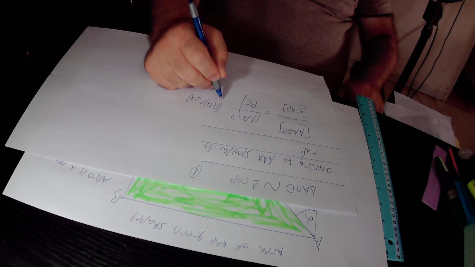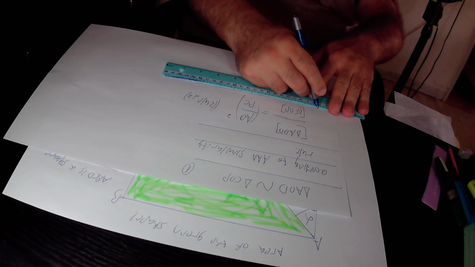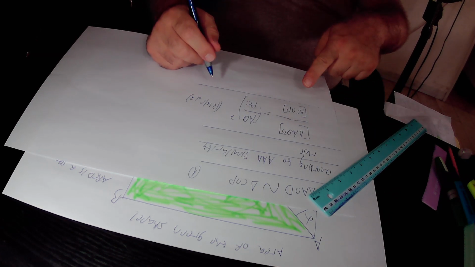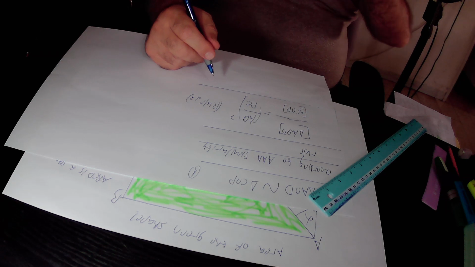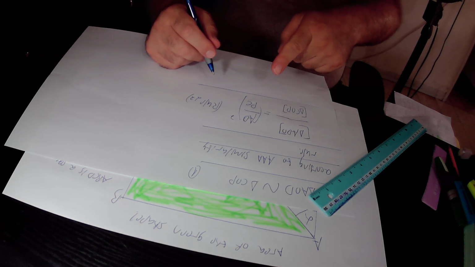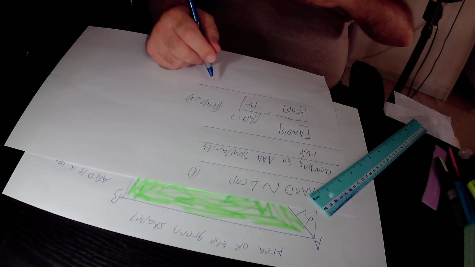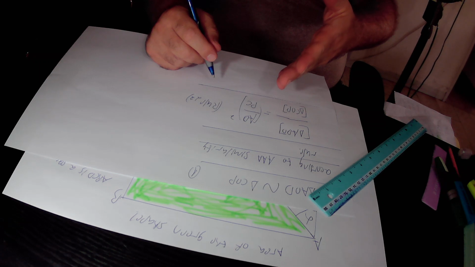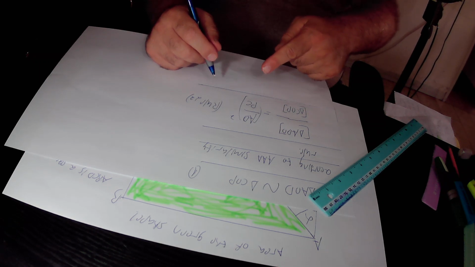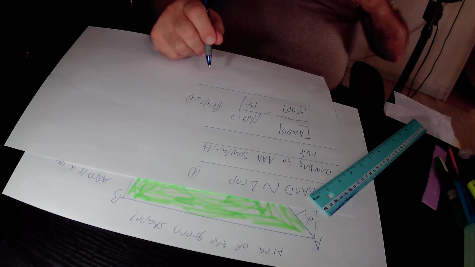Again, the ratio between the areas of the two similar triangles is the area of triangle ADO over the area of triangle COP, and it is equal to the square of the ratio of their corresponding sides. Side AD is the corresponding side of side PC, and the ratio between the sides is AD over PC. The square of the ratio is AD over PC squared. Okay?